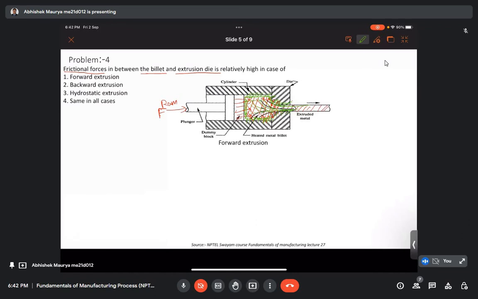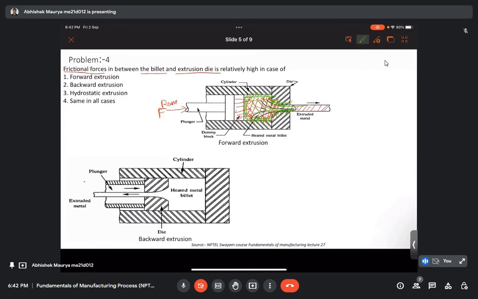So friction between this wall and this billet, this wall and this billet, and this wall will be present, as well as the friction between the die portion will also remain present during the extrusion process. So this is all the friction region which we have hatched in the forward extrusion process.